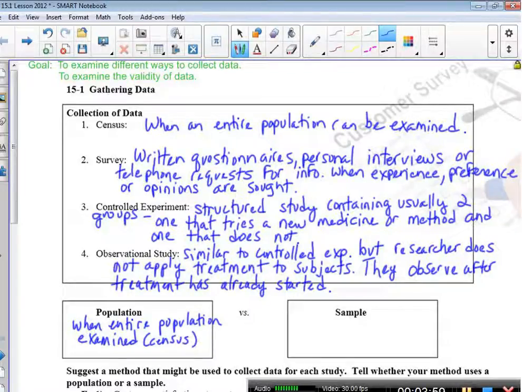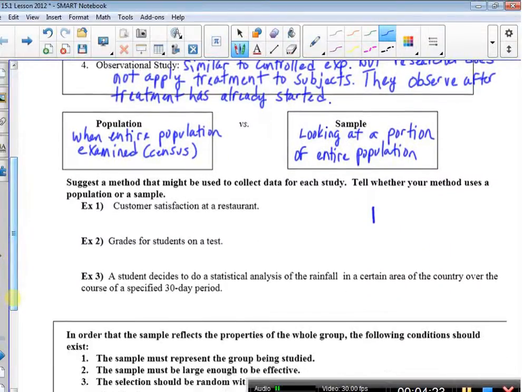And a sample is when you're looking at a portion of the entire population. So if I wanted to look at the junior class, that's a sample of the entire population. If I said the entire junior class, that could be an actual population. It depends on the wording.